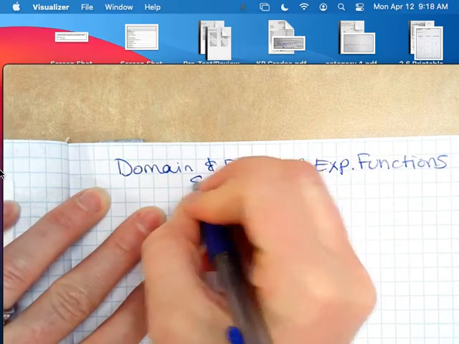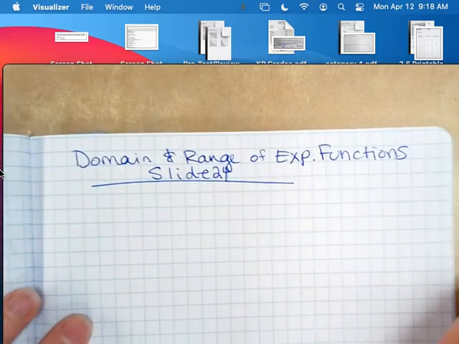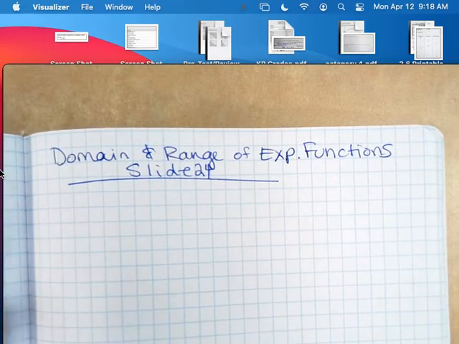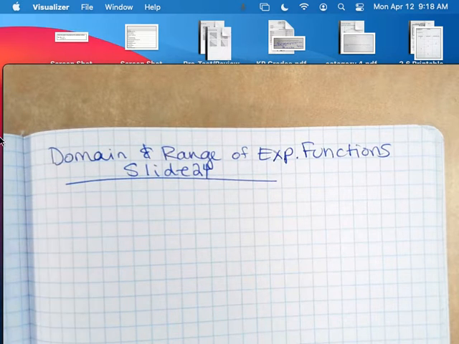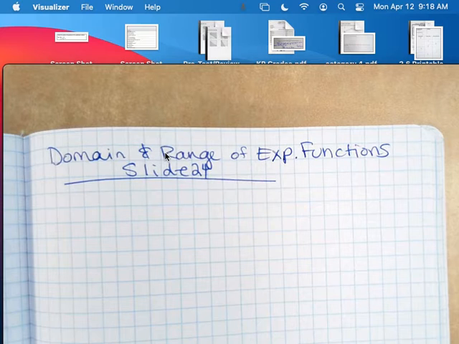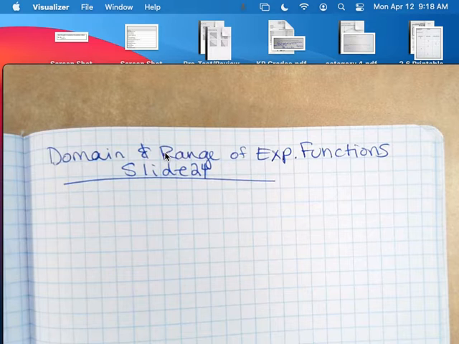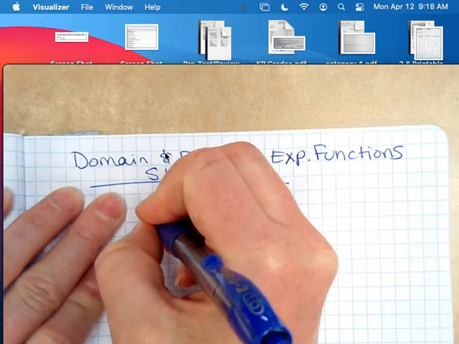And this is slide 24. Let's draw an x and y axis.